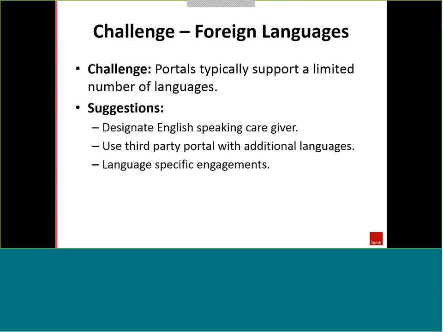If you have a third-party portal that does support additional languages, it might be worth using. And then, if you can identify patients with a particular language, you can have a specific campaign deployed specifically for them to help that barrier get torn down.